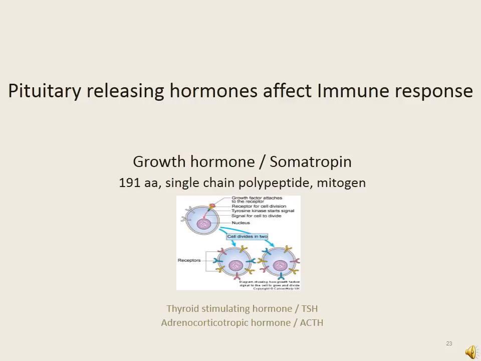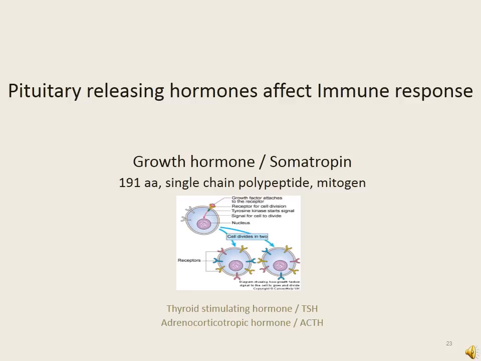Another name for growth hormone is somatotropin, right? In terms of chemical structure, it is a peptide of nearly 200 amino acids, a single chain polypeptide, and its major activity is that it can act as a mitogen, that is a substance that can induce proliferation of the cell.